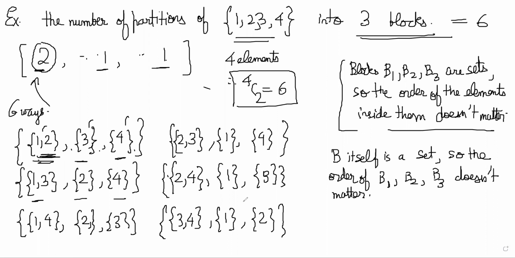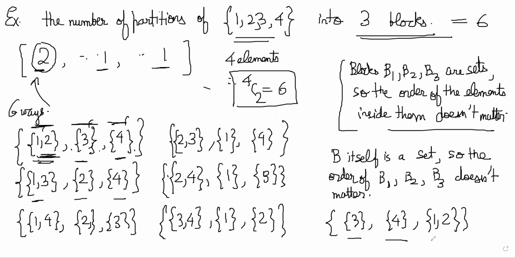So you cannot create a new partition saying this is the partition 3, 4, 1, 2. This is just rearranging this partition, and order of elements in a set doesn't matter. So this is not a different partition. This is the same thing, right?